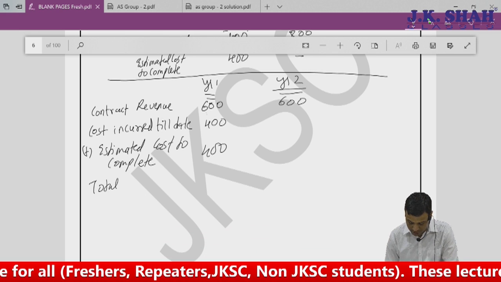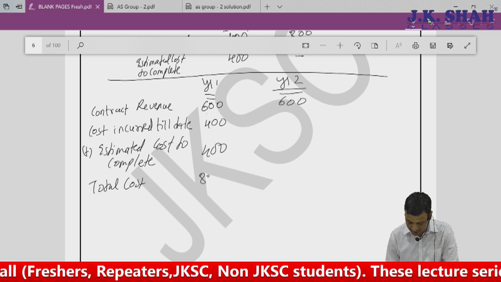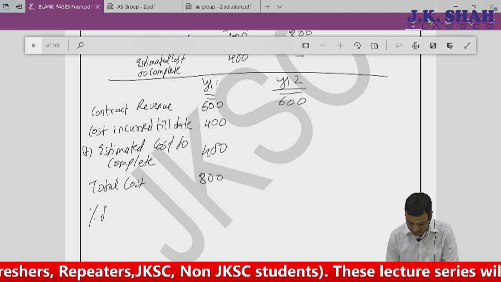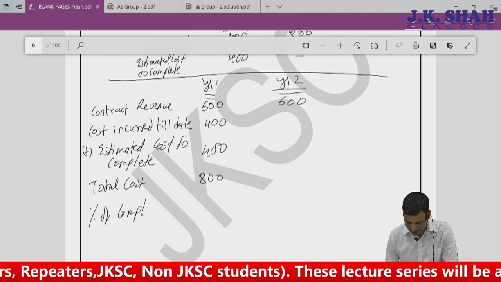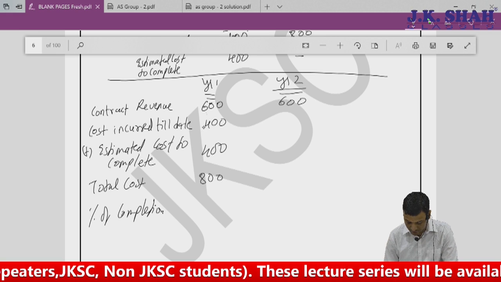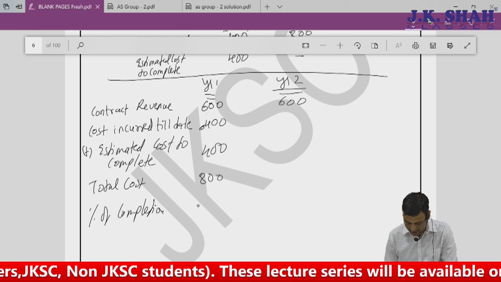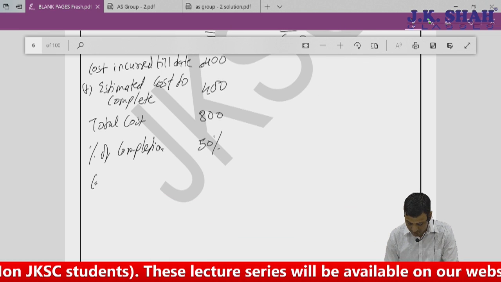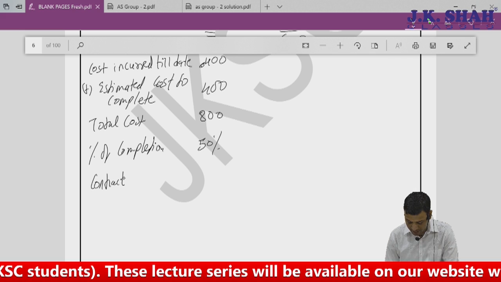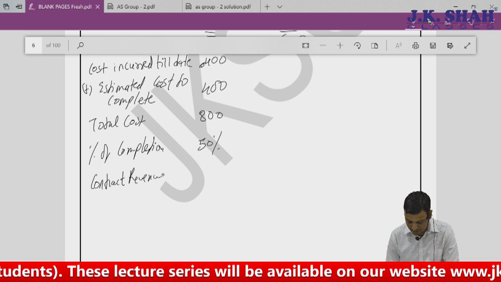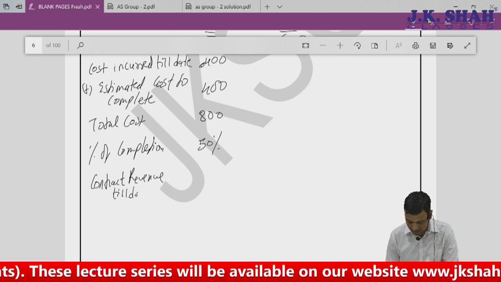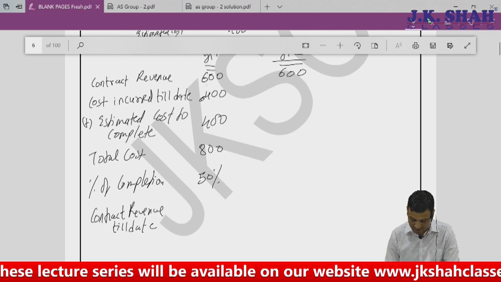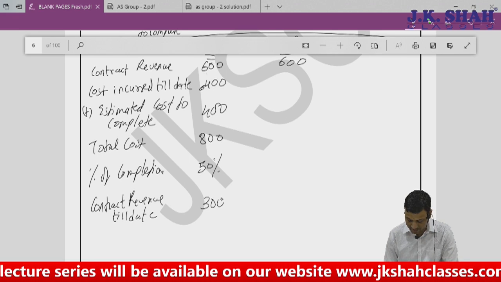So my total cost is 800. Percentage of completion, 400 divided by 800, so that's nothing but 50%. Contract revenue till date, 50% of 600, that is nothing but 300.